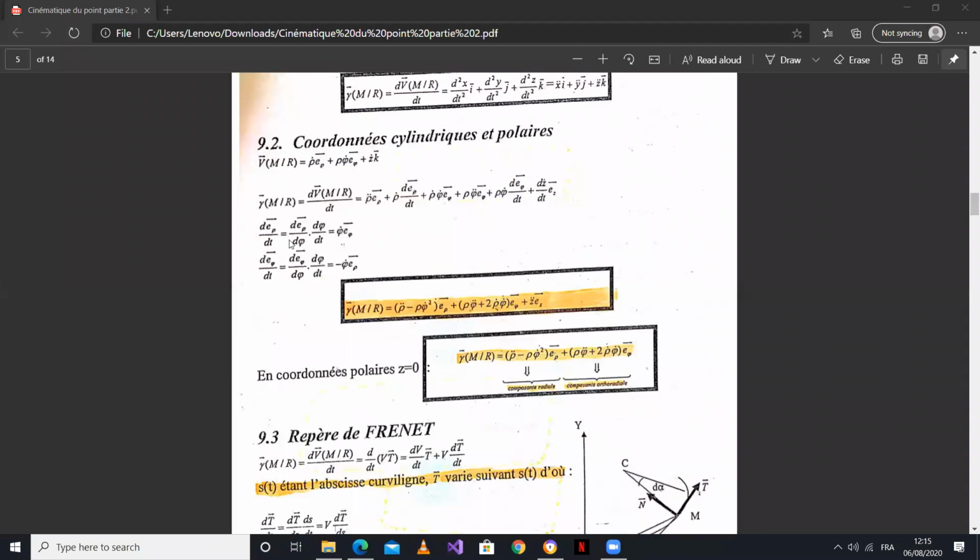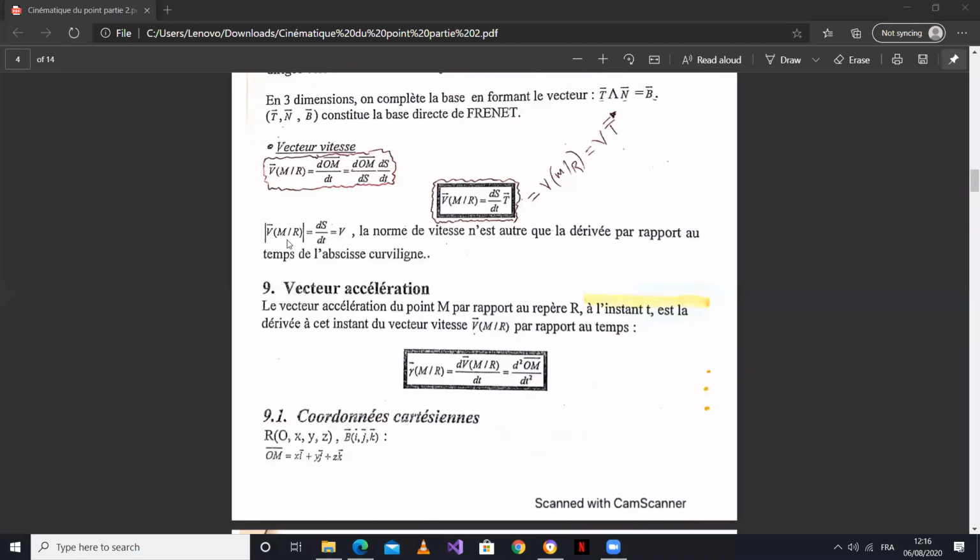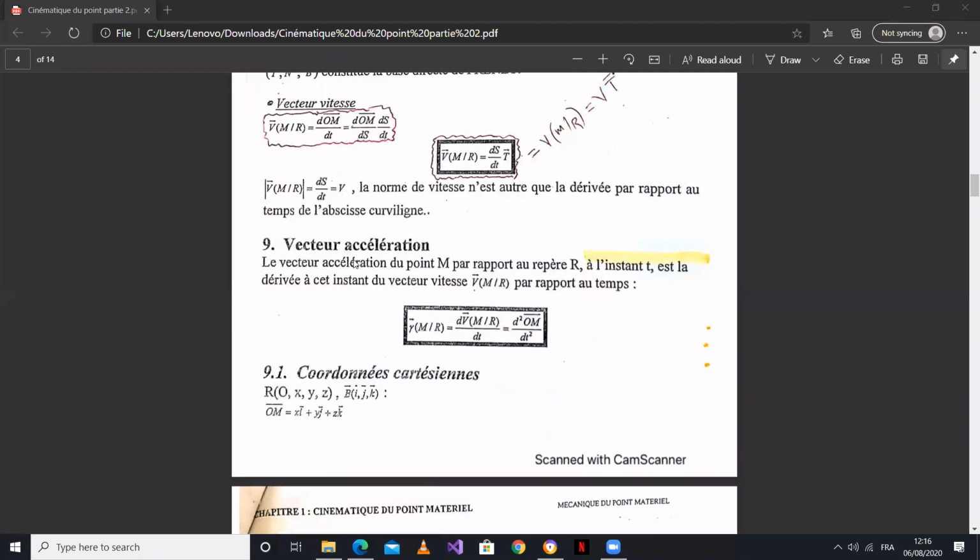Don't forget that in the Frenet frame, the magnitude of the velocity gives us ds/dt, la dérivée de l'abscisse curviligne par rapport au temps.